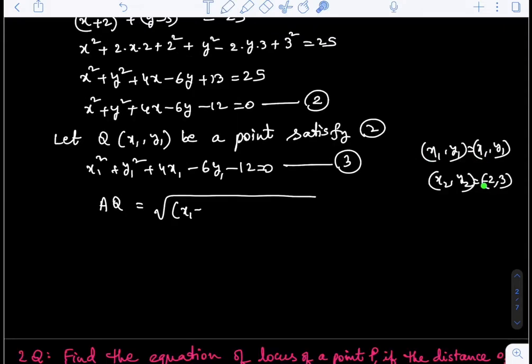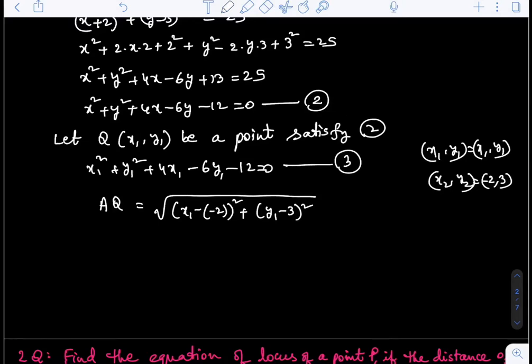That means (x1 minus of minus 2), so minus of minus 2 will come here. Next, (y1 minus 3) whole square should come, because here x1 minus of minus 2 whole square plus y1 minus 3 whole square should come.